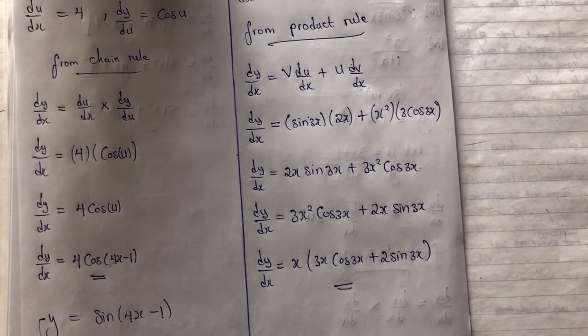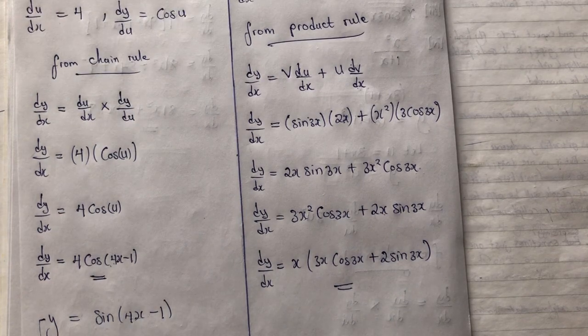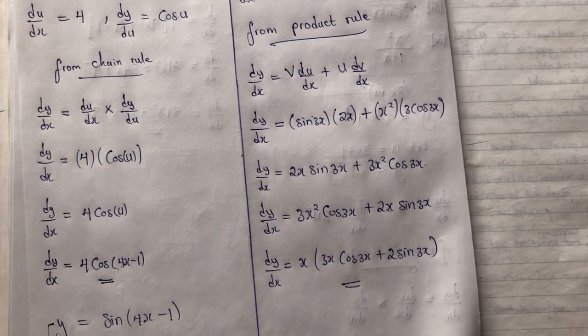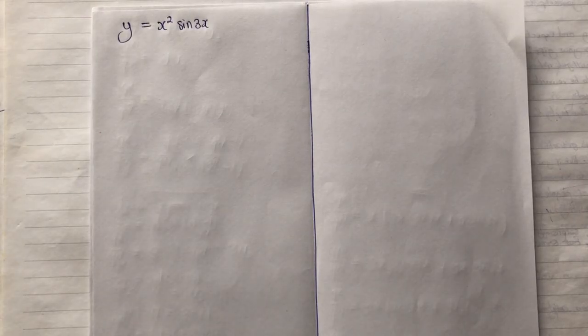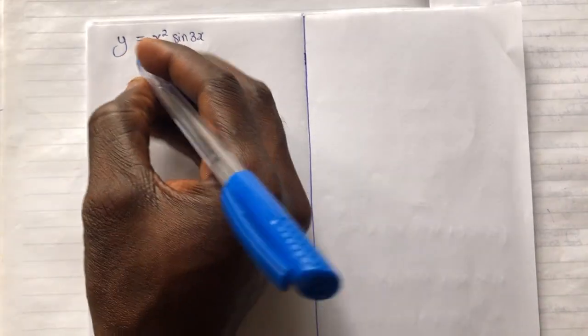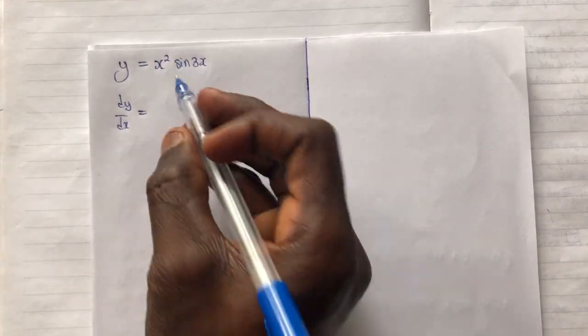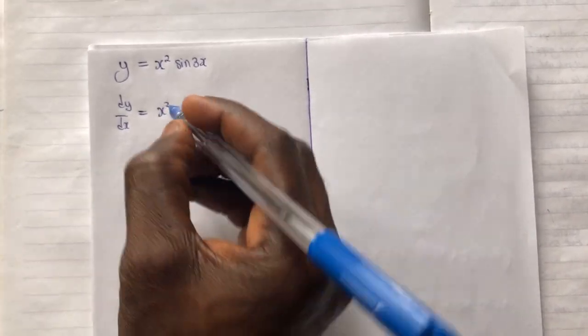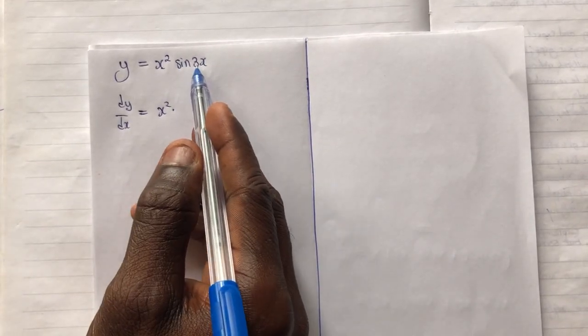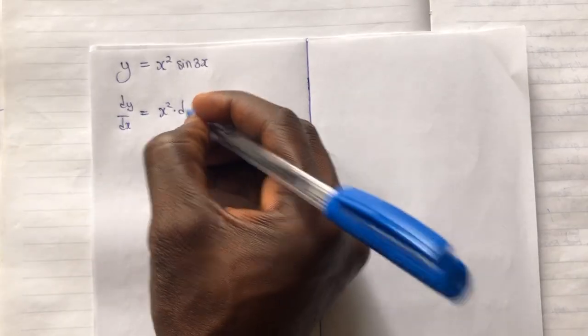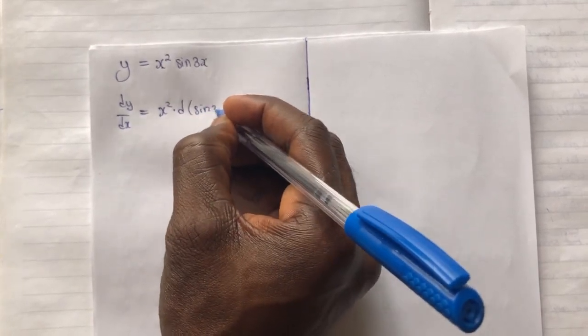There's another way you can solve this by applying the product rule without using the variables u and v. So let's try that one. This is the function. When I want to do that, all I need to do is look for the function you want to hold or the function you want to maintain, any of them. First, I'll say that dy dx will be equal to, then you hold x squared, you maintain x squared, you multiply by the derivative of the next function, sine 3x.